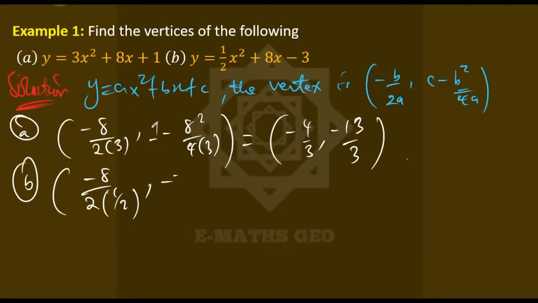And c is minus 3 minus 8 squared over 4 times half. So this is 2 to 1. So I have minus 8, comma, 64 over 2 is 32. So minus 3 minus 32 is minus 35.